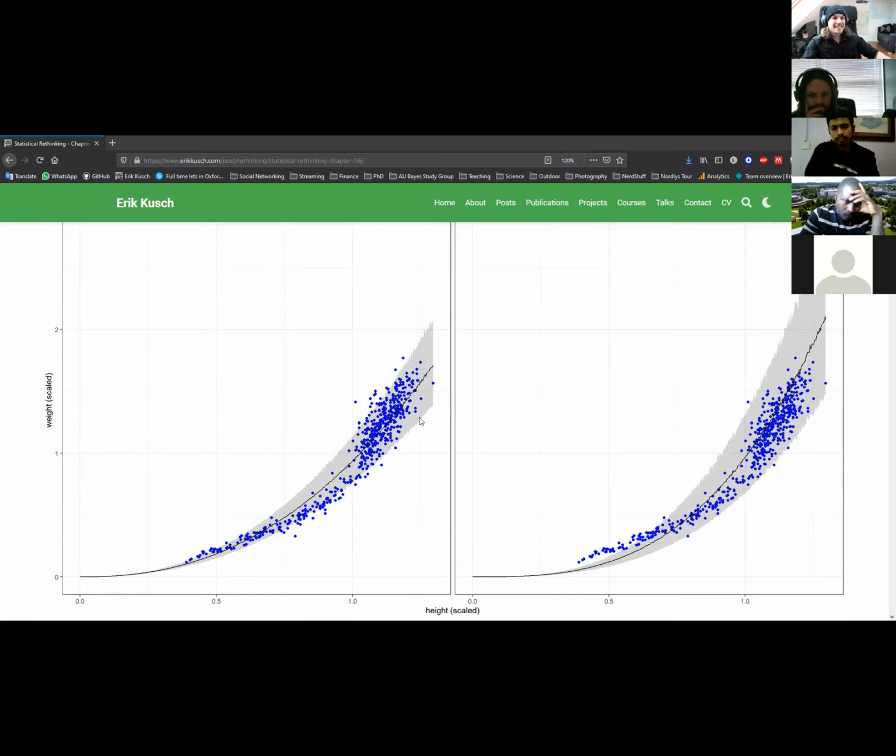And what we can see here on the left-hand side, our new model, which didn't take the exponent to be 3 but 2.33, as estimated from our precise output up there, is that the new model not only has a much narrower uncertainty band, it also has the capability of fitting short individuals down here much better than the previous model, where we had the fixed exponent.